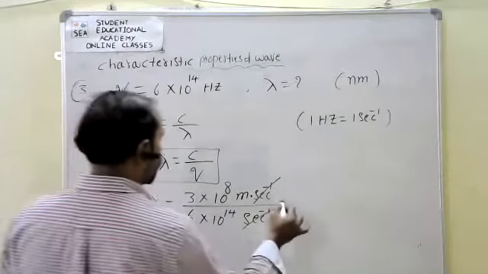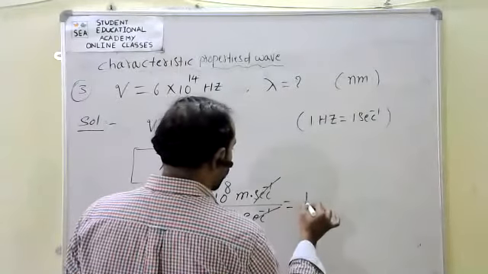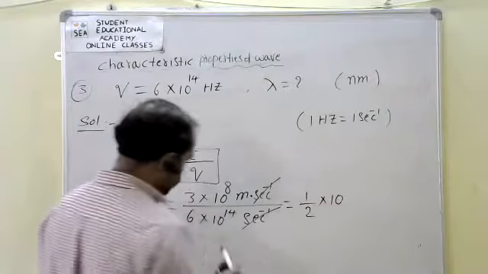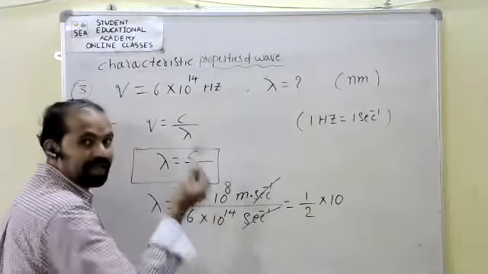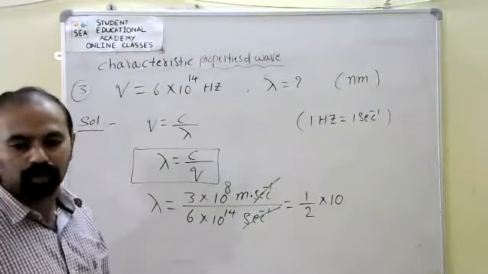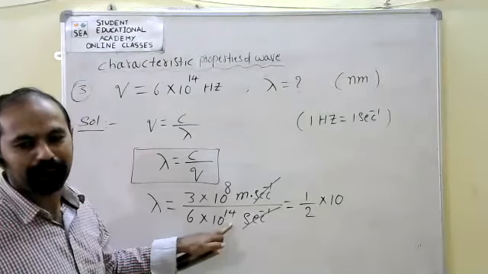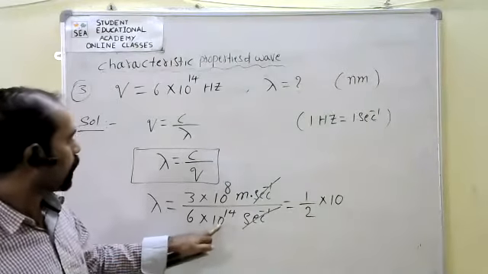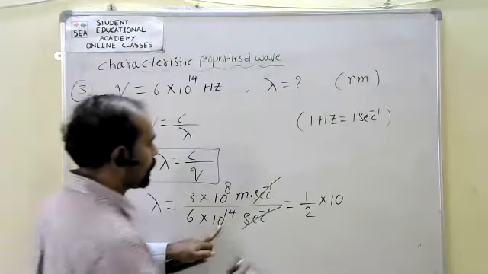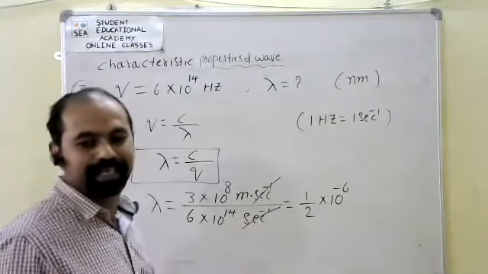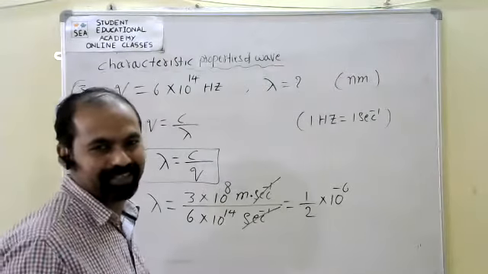It is nothing but 1 by 2 into 10 power minus 14 plus 8, which is 10 power minus 6. Am I right?